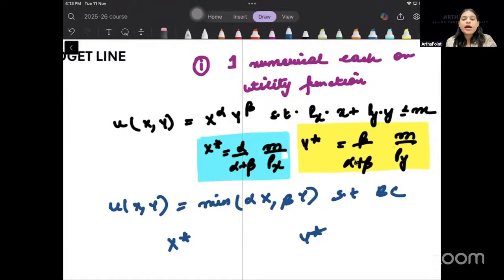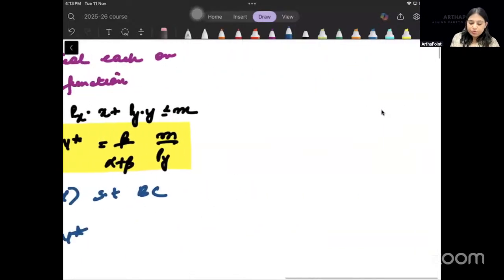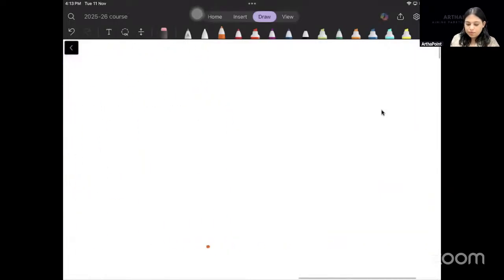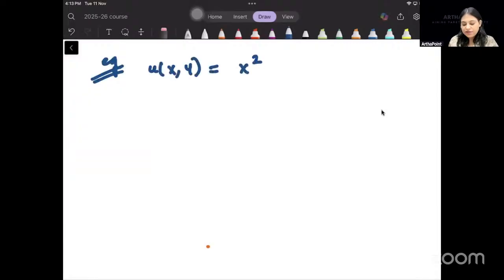Now in the exam, sometimes you will notice that the question is not very direct but a little indirect. For example, let's say I give you a utility function. I give you px, py, income.